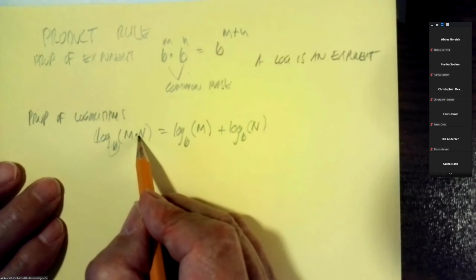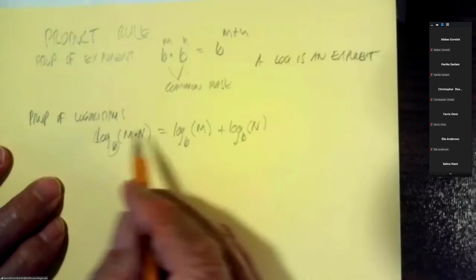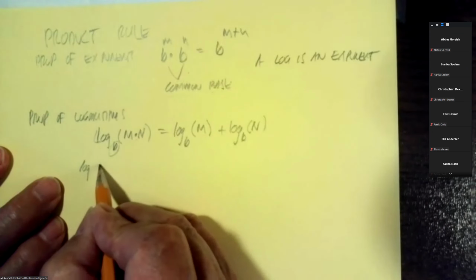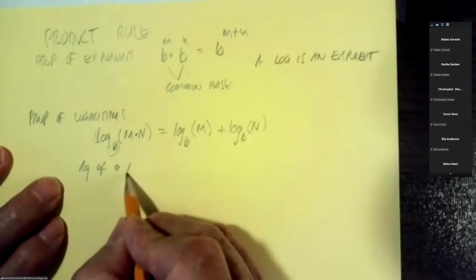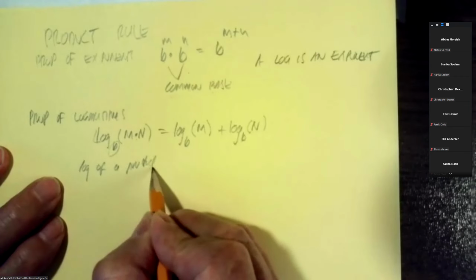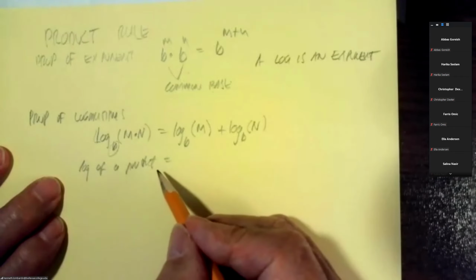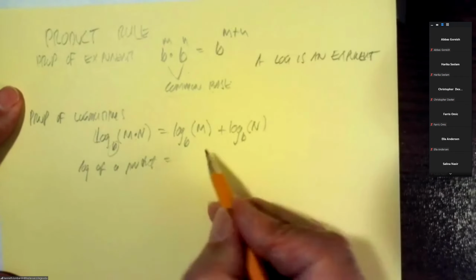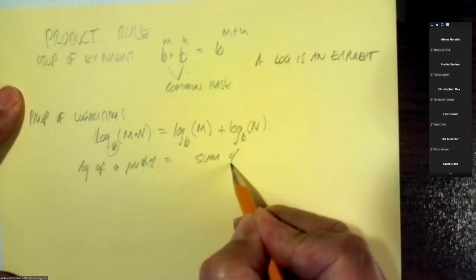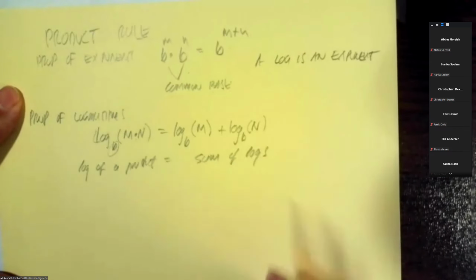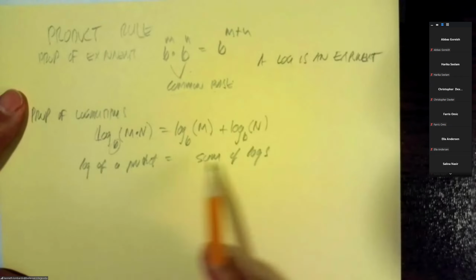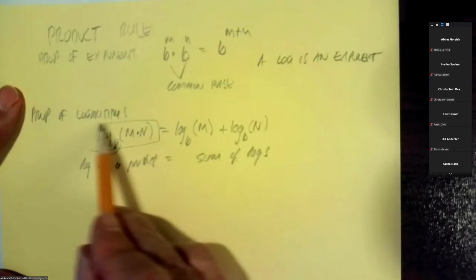So this says then that the product, the log of a product, equals the sum of the logs. Okay, the log of a product is equal to the sum of the logs. Here's the log of a product.